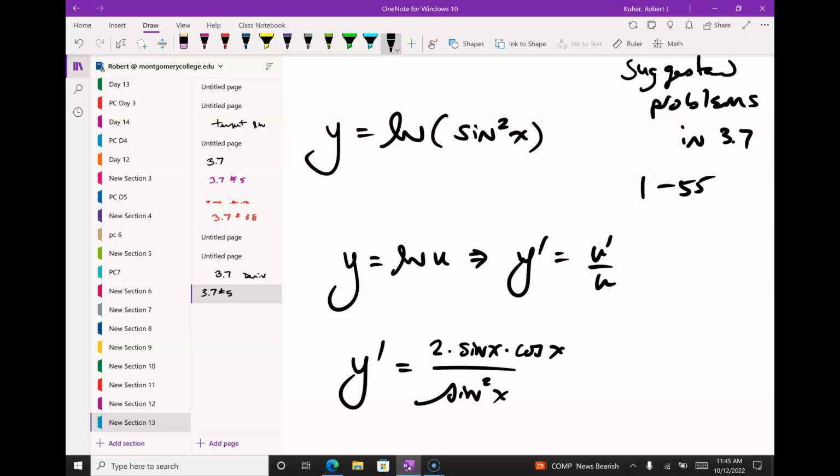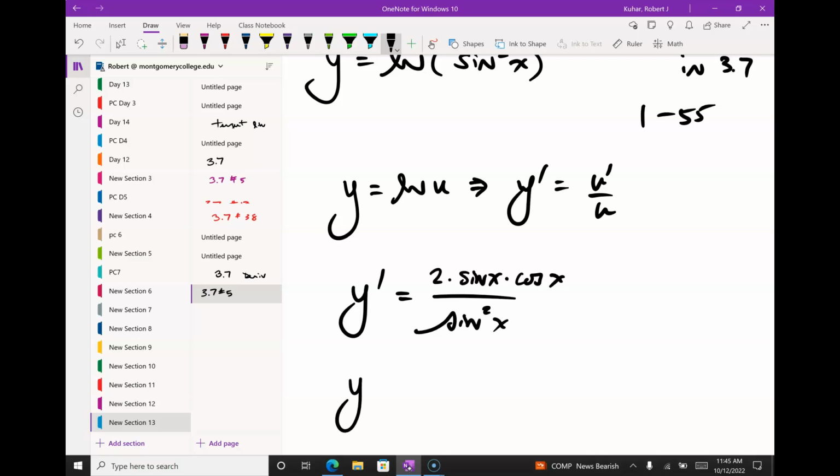Bring down the 2, keep sine of x inside the box, then the derivative of sine is a cosine. So what do I get here? Looks like I get 2 times cos of x over sine of x, which is 2 times the cotangent of x. Easy, right? Very, very easy.